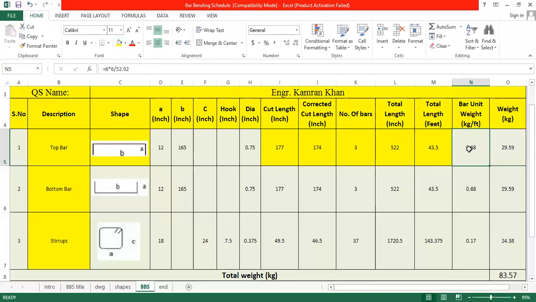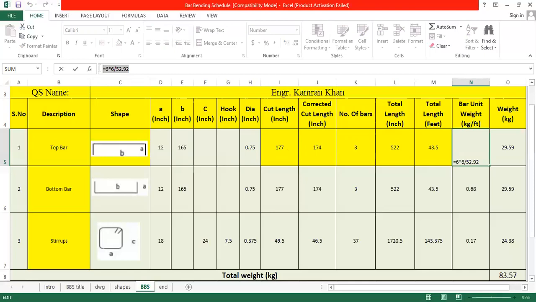Now what is the unit weight of bar number 6? The unit weight in kilogram per feet is bar number square divided by 52.92. That will give you the bar unit weight in kilogram per feet.